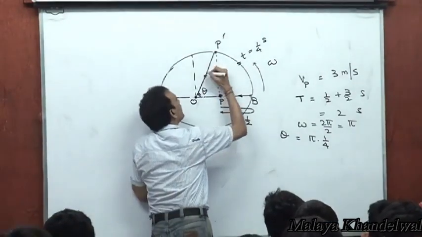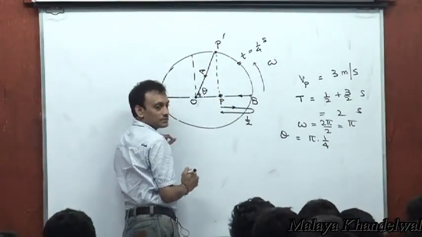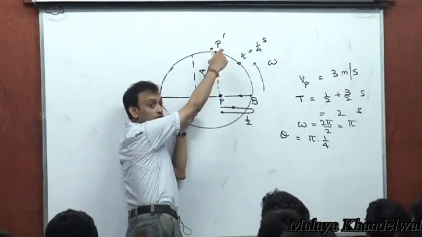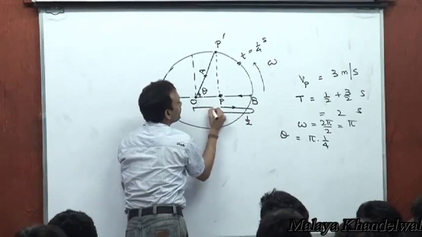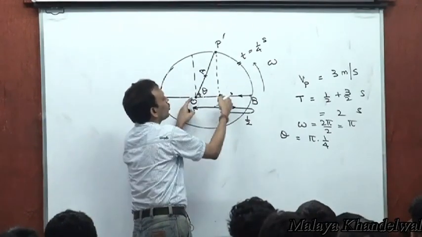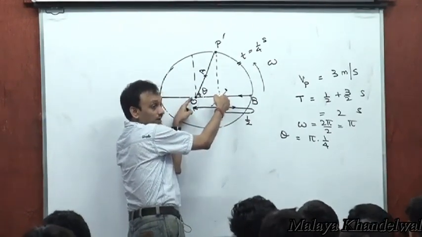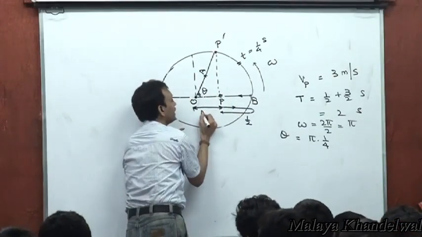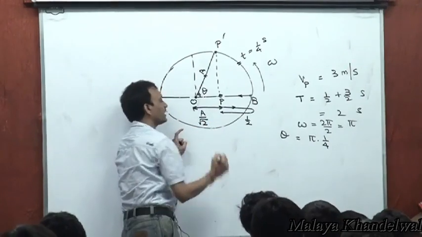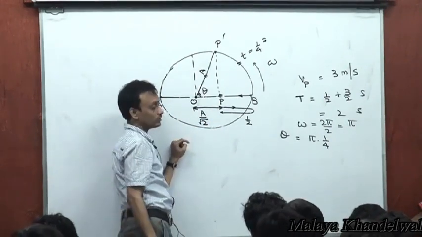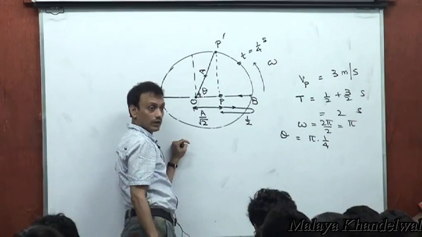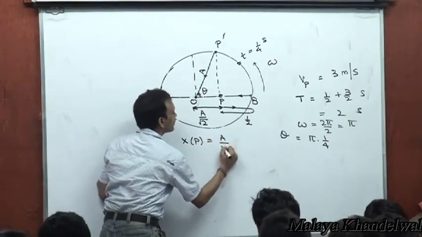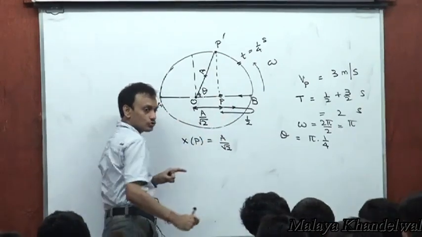Now, if A is the amplitude, the radius of the circle would be the amplitude of motion. Then OP would be A cos theta, that is A cos 45 degrees, which means A by root 2 would be OP. So X for P is A by root 2.